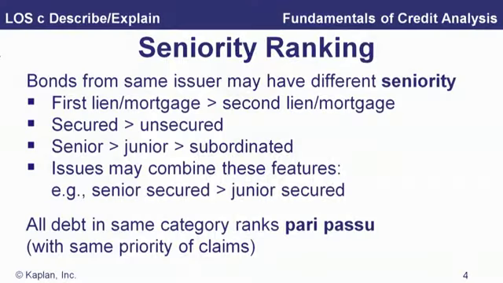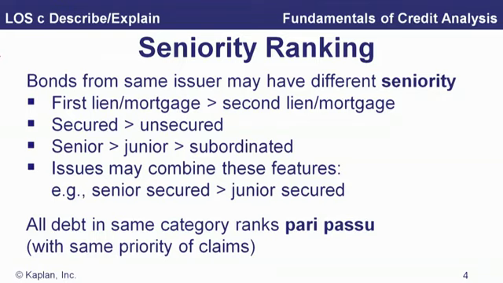And what about the priority? Well, seniority refers to where creditors stand in line in their priority of getting the funds. Bonds from the same issuer may have different seniority, because the bonds have different characteristics, different collateral, and different priorities. So a first lien or mortgage bond has priority, or is senior to, we could say, second lien mortgage bonds.